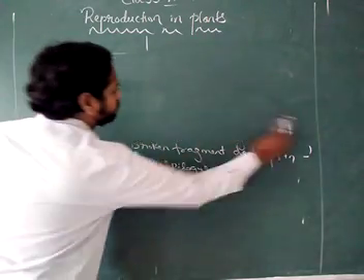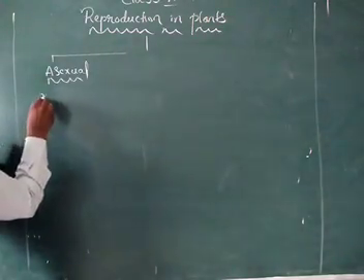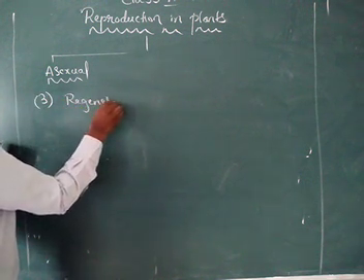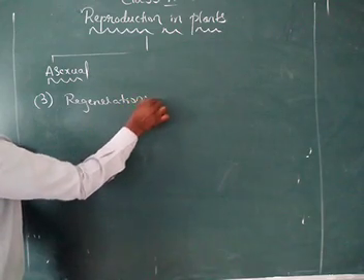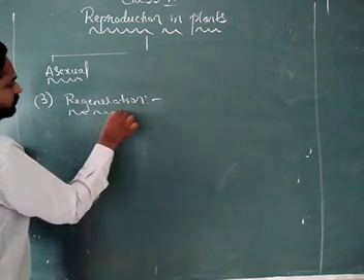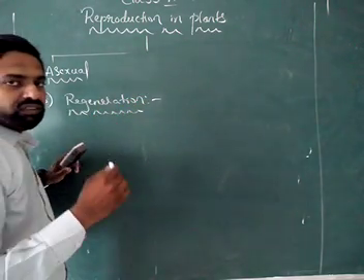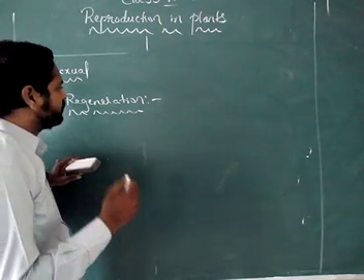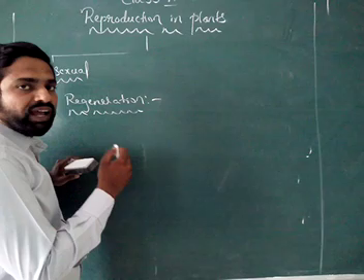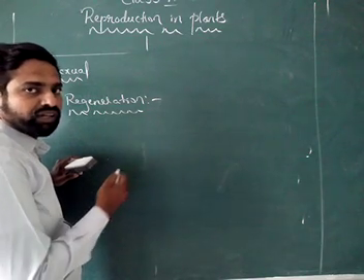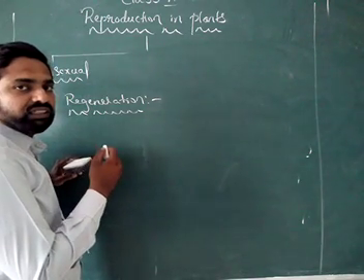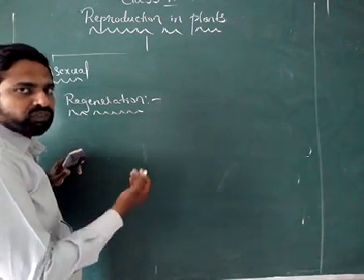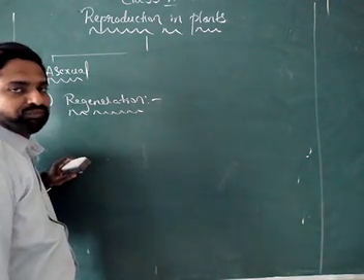Next, third one, regeneration. The fragmentation we are seeing in plants, if that broken fragment develops into new organism in case of animals, that is called as regeneration.